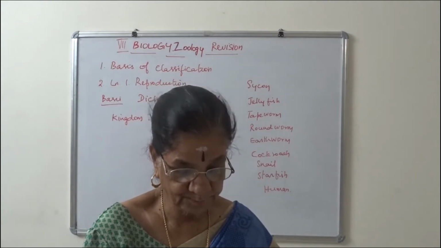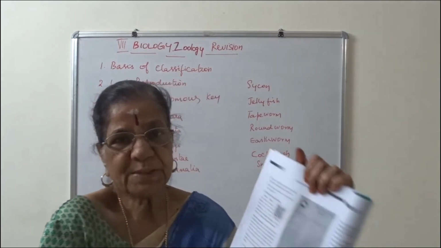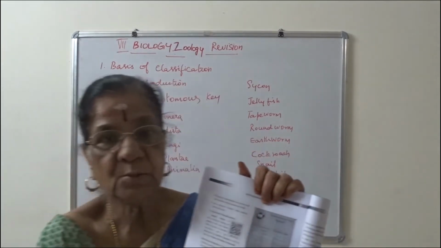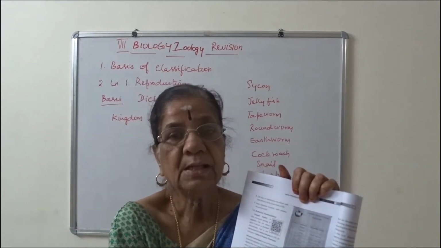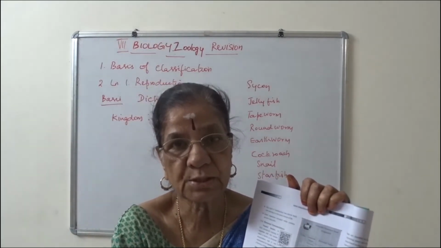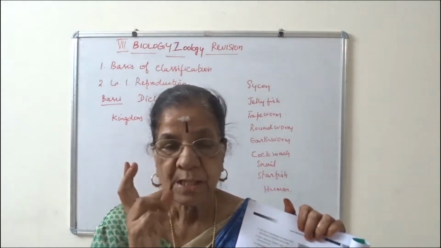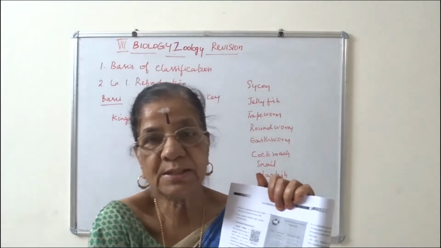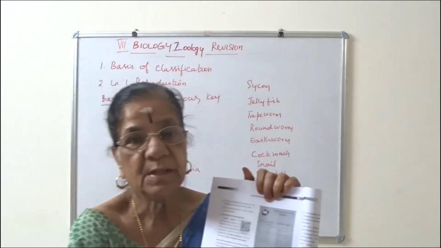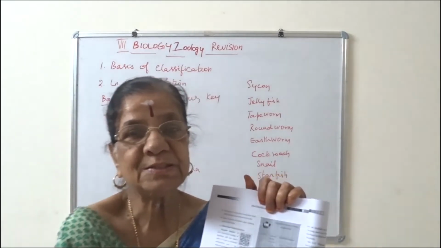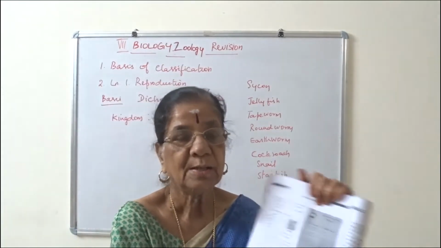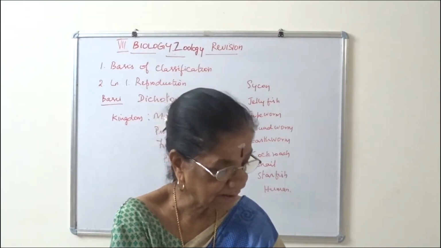Then one more. The last part of the lesson is binomial nomenclature. Naming of an organism is called binomial nomenclature. Two names are used, one is called the generic name and the other is known as the specific name. That is called binomial nomenclature.